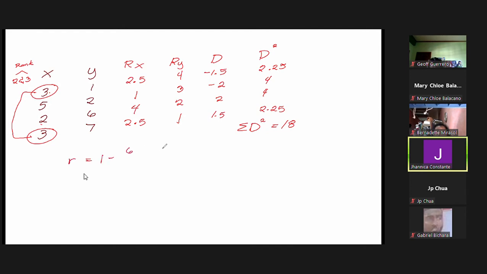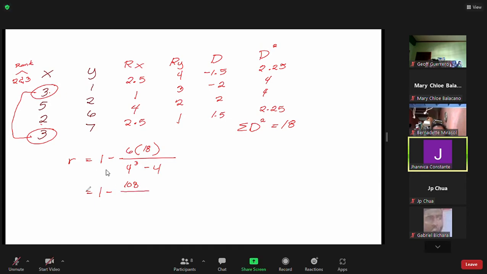So correlation is 1 minus 6 times the summation of d squared, which is 18, divided by n cubed, which is 4 cubed, minus 4. So we have 1 minus 6 times 18, which is equal to 108, divided by 4 cubed minus 4, which is equal to 60.